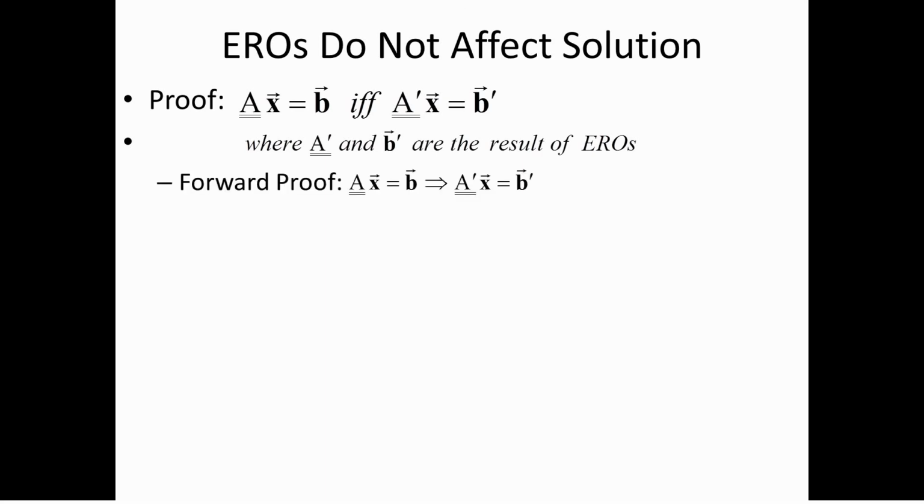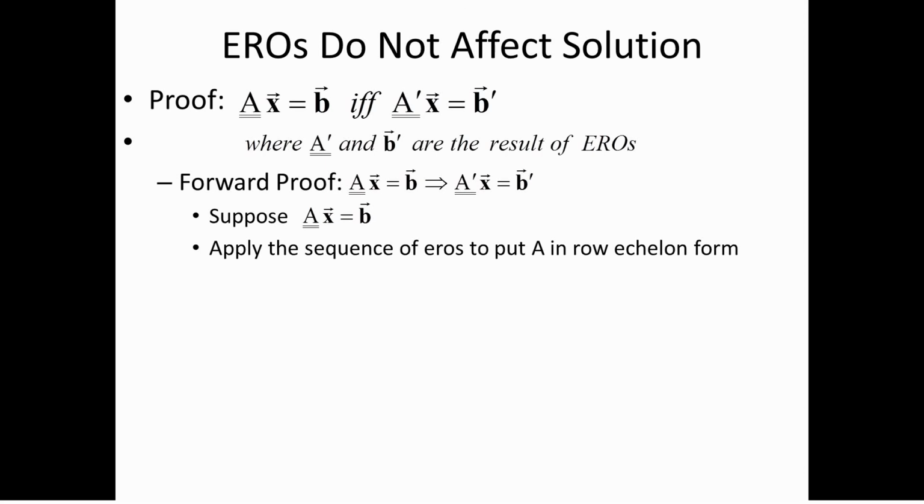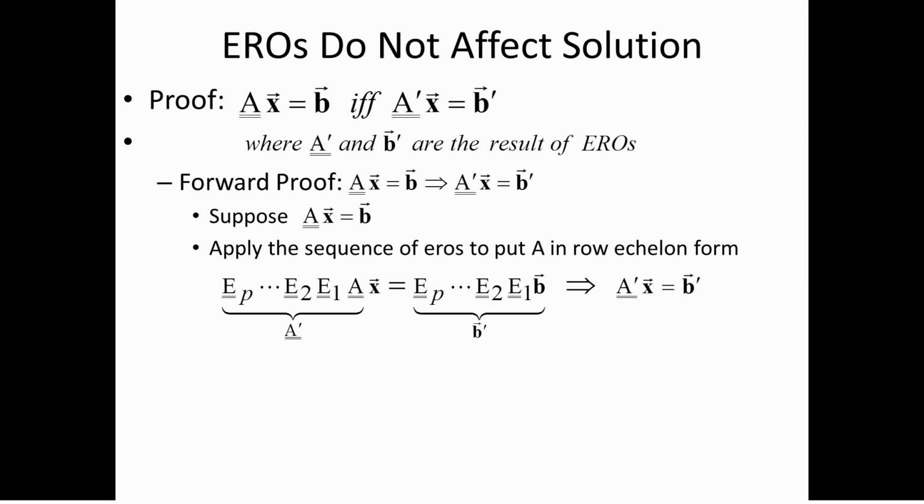If and only if means we have to prove, first of all, that if Ax = b, then x is also a solution of A'x = b'. But this is easy because if we suppose that x satisfies our original linear system, we simply multiply it by a sequence of elementary row operations, okay, to put A in row echelon form, and we're done. So it's just a direct constructive proof. Okay.